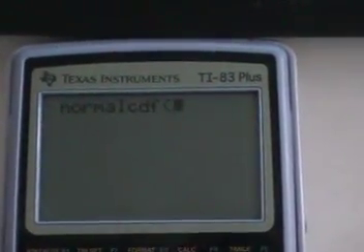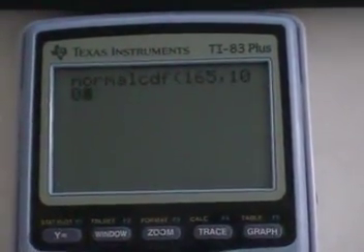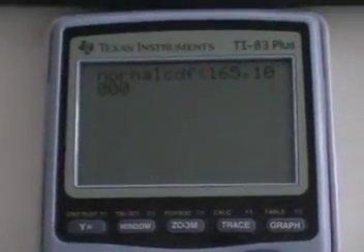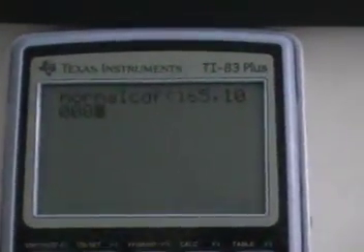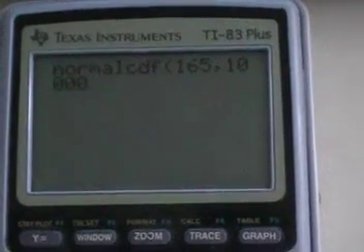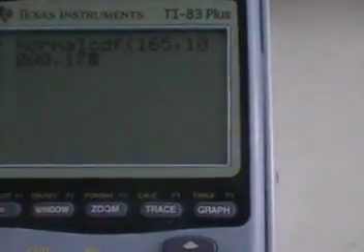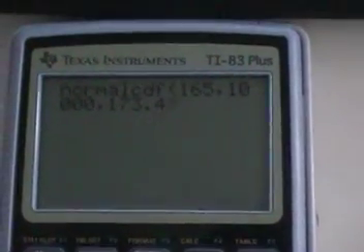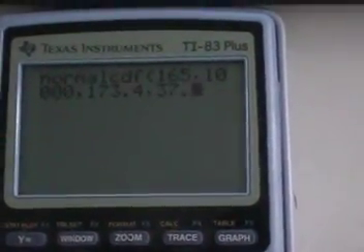And I'm doing greater than 165, so 165 to 10,000. Unlike the binomials, we can do from a number up to the top. So from 165 to infinity, and then you put comma, and then you put the mean third, 173.4. And then normally I would put the standard deviation fourth, 37.2.